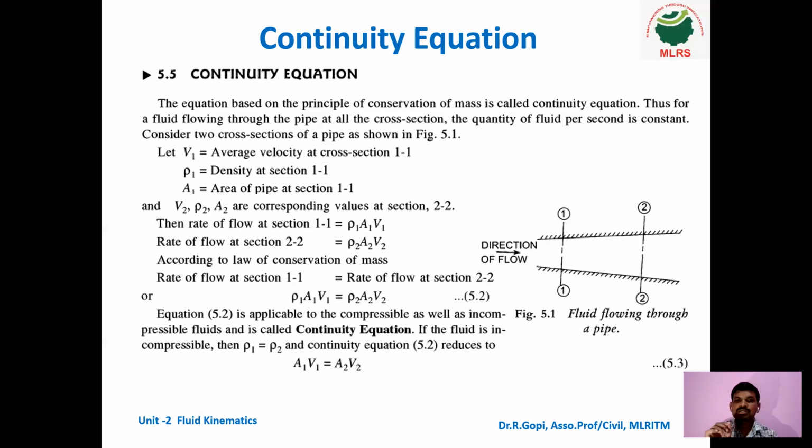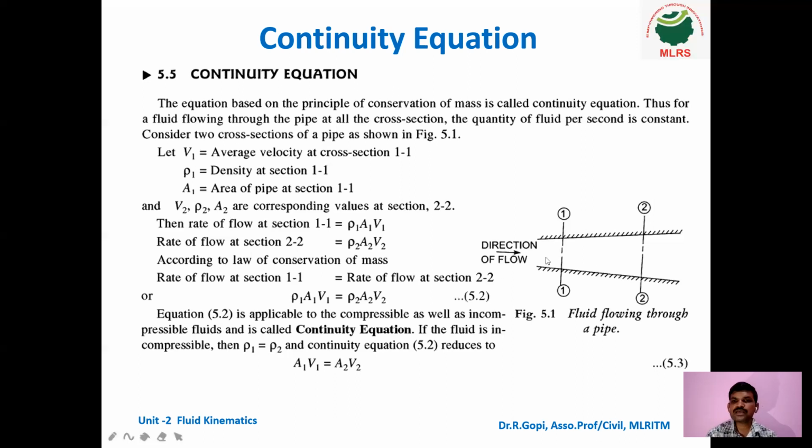If you take an incompressible fluid, we have already seen what it means. In that fluid, if external pressure or external force is acting, density will not change. Density is constant. In this equation, rho 1 is the density and rho 2 is the density.